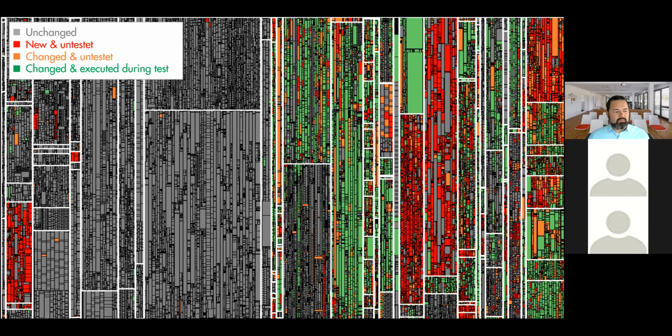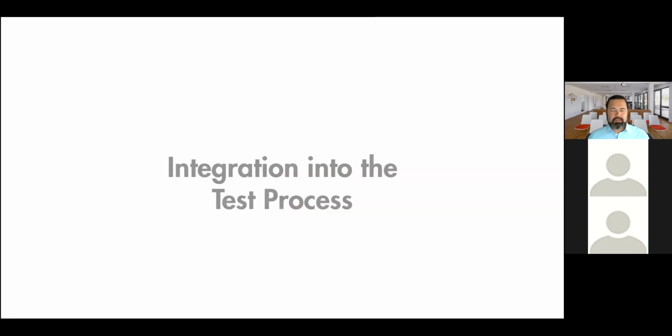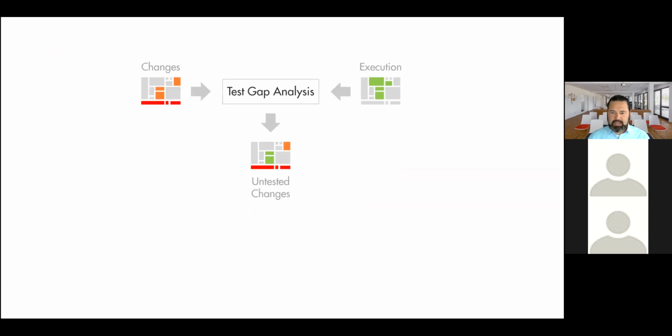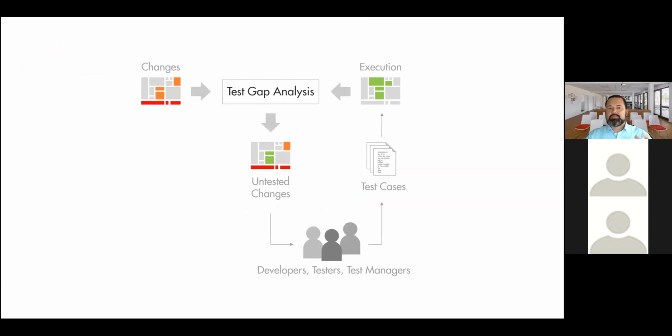I want to spend some words on how we integrate that into the test process so that you have a better feeling of how our customers use that on a high level before we dive into individual examples. The basic idea is that we automate the entire analysis process. We connect to the version control system to fully automatically get the changes that happen on all the branches and compute the delta to the last release or any baseline you want to compare against.